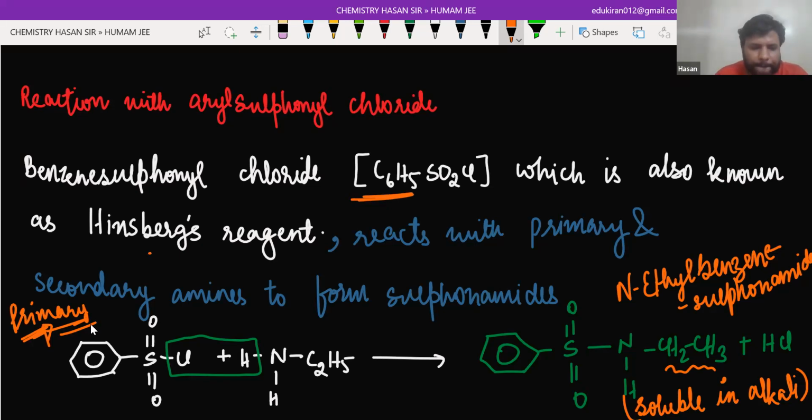Please do write it. And with secondary, whatever is going to be formed will not be soluble in alkali.